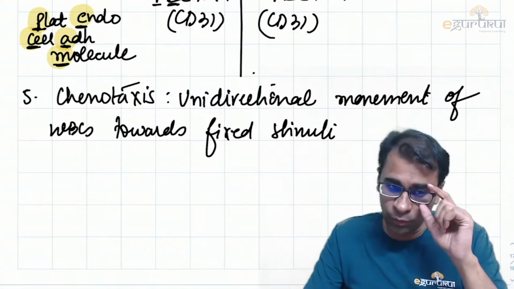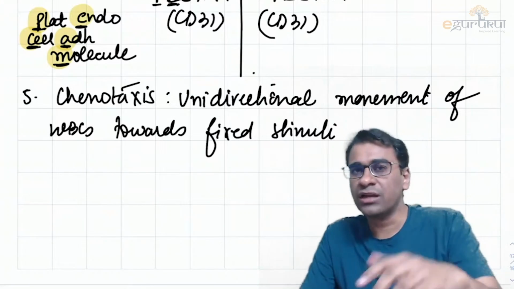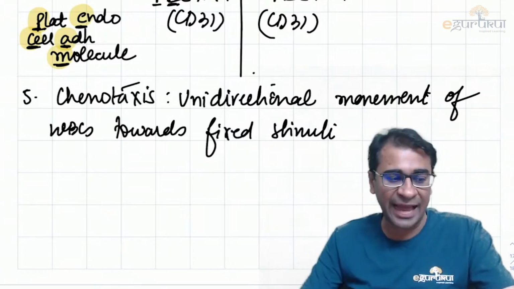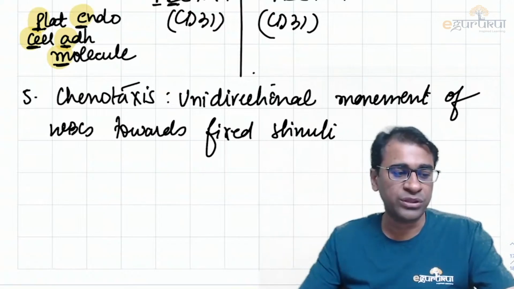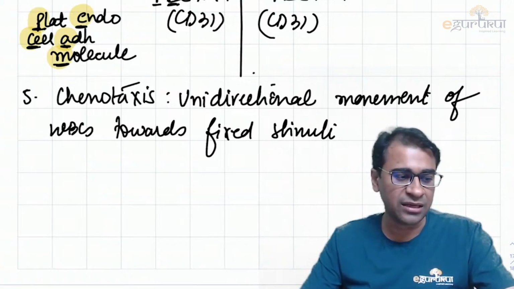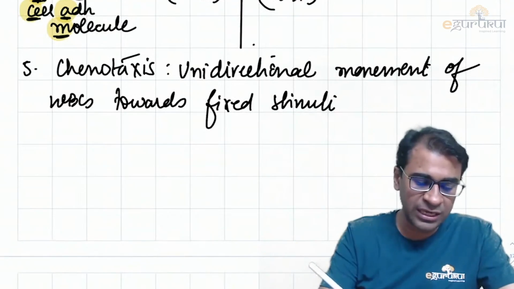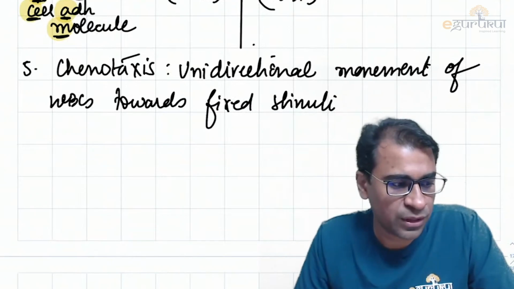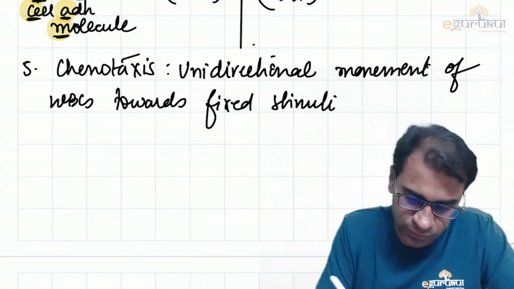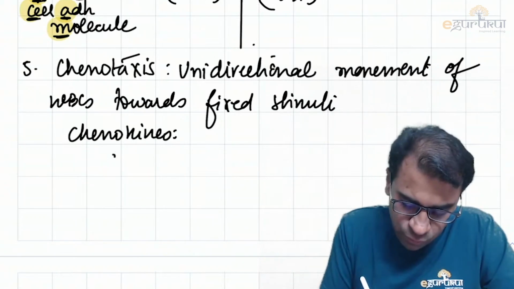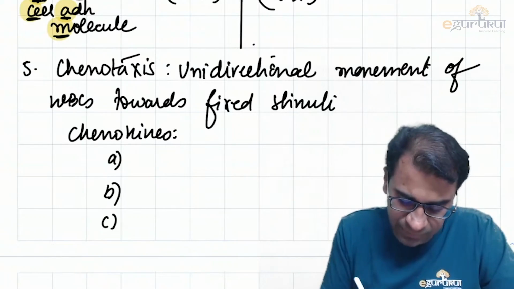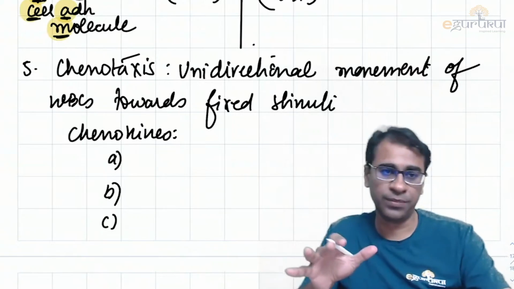Okay, achha. Now let's understand what are those molecules which can act as a chemokine. Chemokines refer to A, B, and C. Now, how to remember it? Very confusing also.